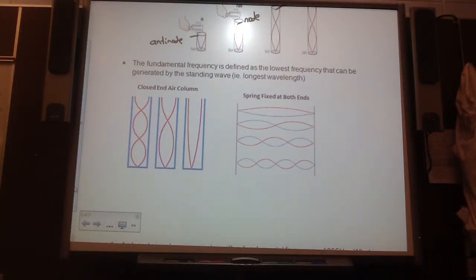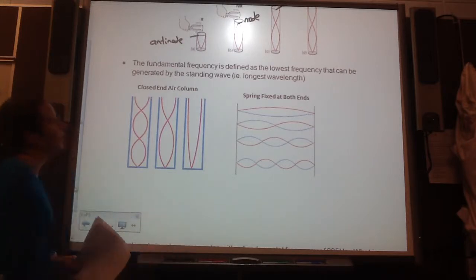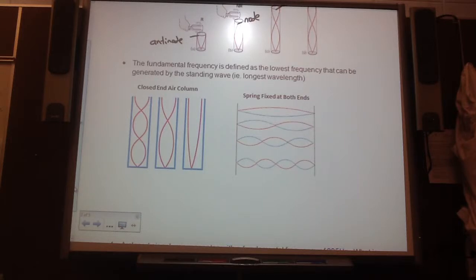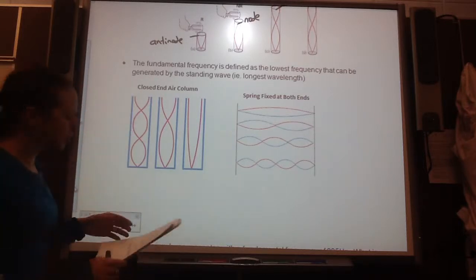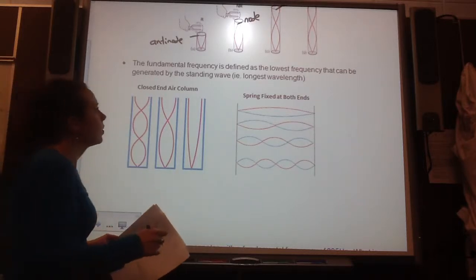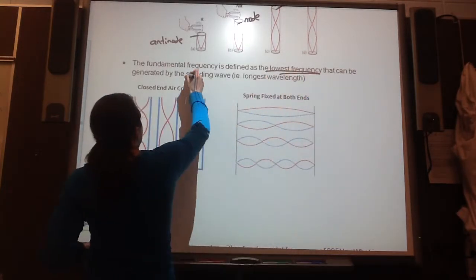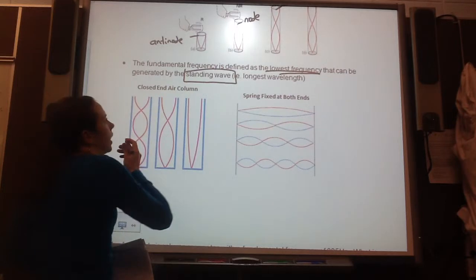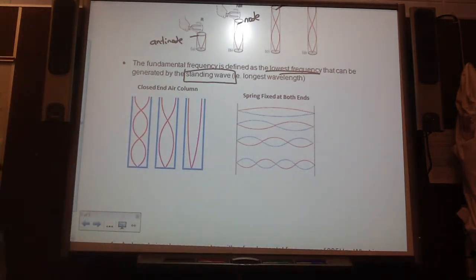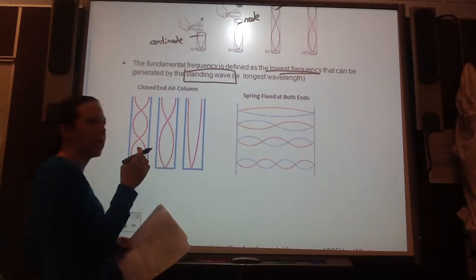With a tuning fork. So now next, in those videos we saw, they talked a bit about fundamental frequency. The fundamental frequency is defined as the lowest frequency that can generate a standing wave. Okay? So basically, it's where we see that standing wave making an antinode.